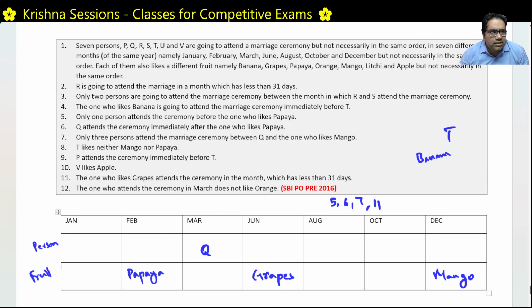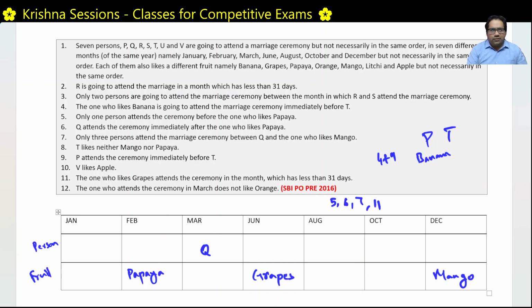We are using condition number 4 and condition number 9. 4 plus 9. What does that mean? The one who likes banana attends immediately before T, and the one who is immediately attending before T is actually P. 4 plus 9 is leading to this.